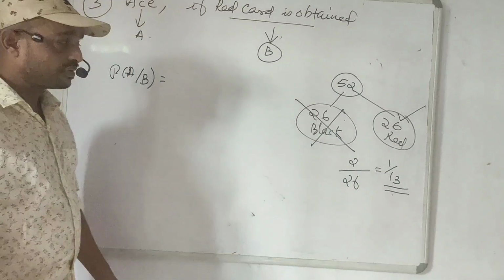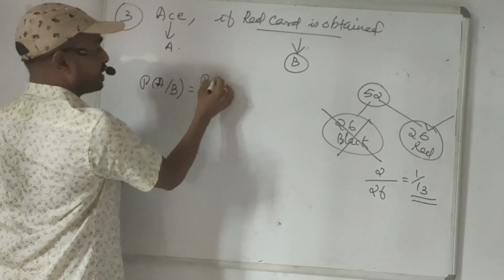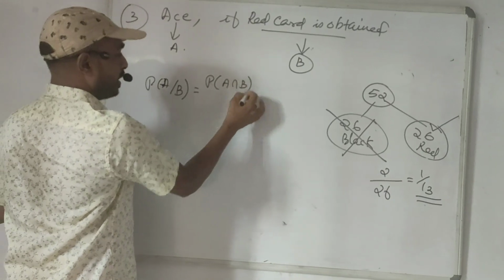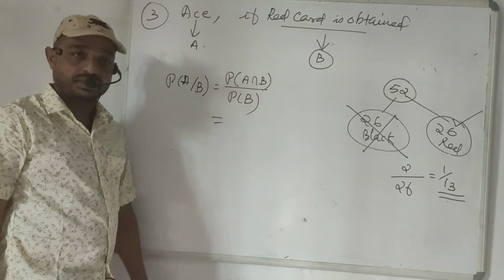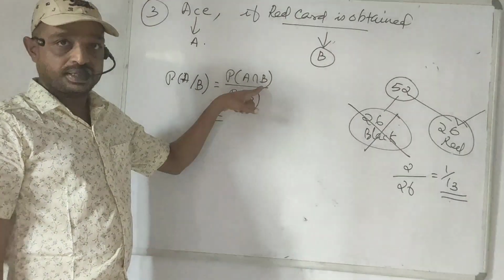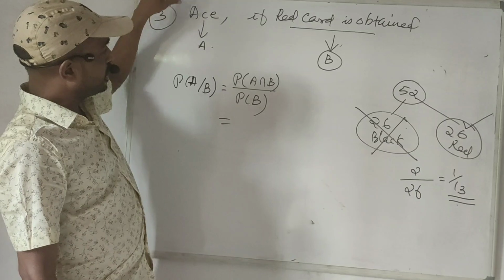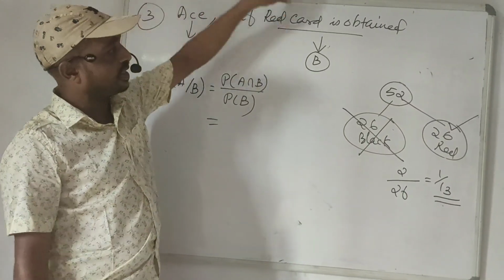Or by using this formula, P of A given B means it is P of A intersection B divided by P of B. So what is P of A intersection B? Probability of happening both the events A and B. Both the events means it should be an ace card as well as a red card.